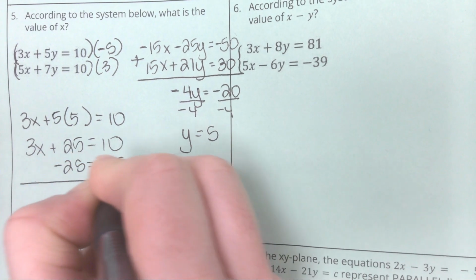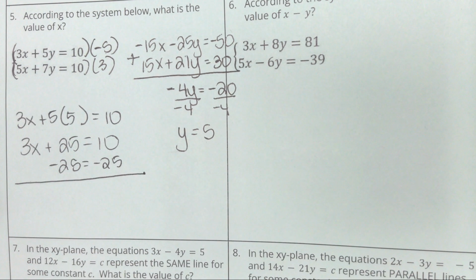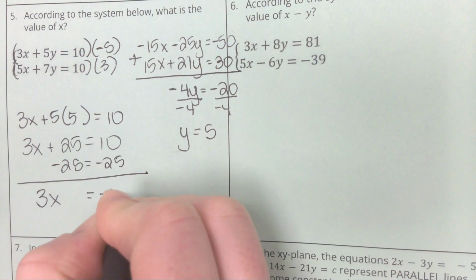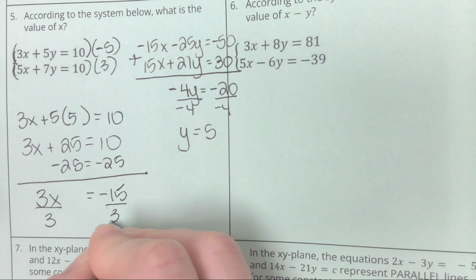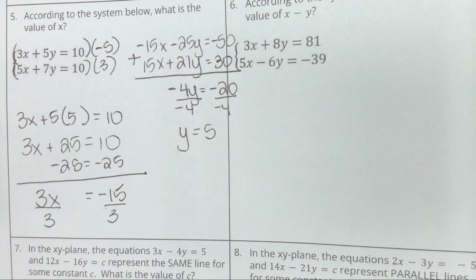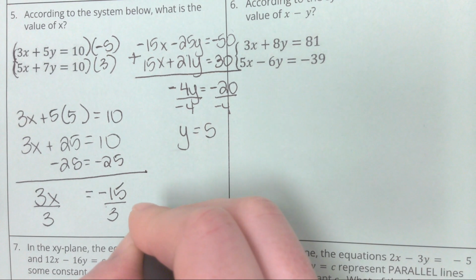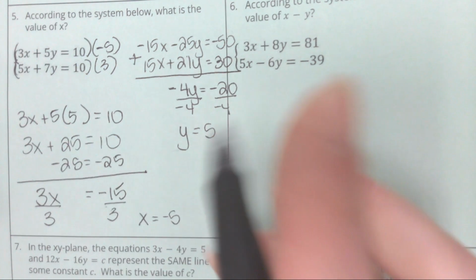I'm going to subtract 25 from both sides. 3x equals negative 15. And what's negative 15 divided by 3? Negative 5. So x equals negative 5, y equals 5, and I can write it as an ordered pair.